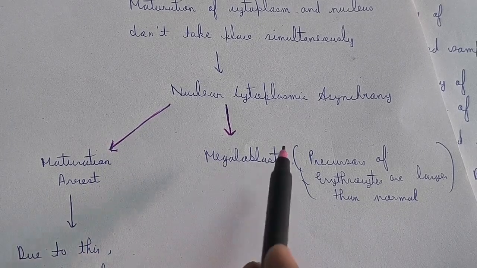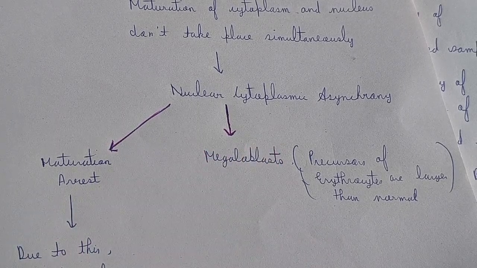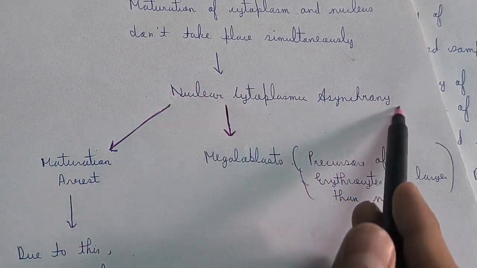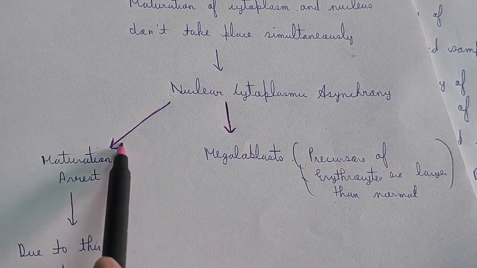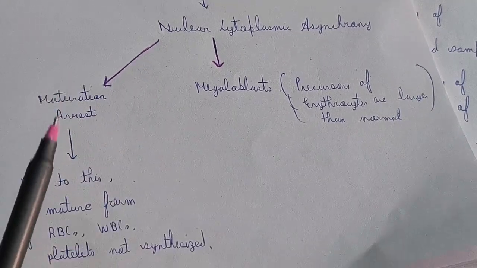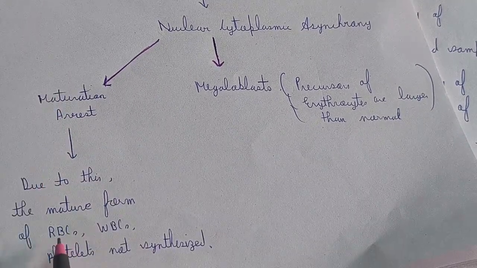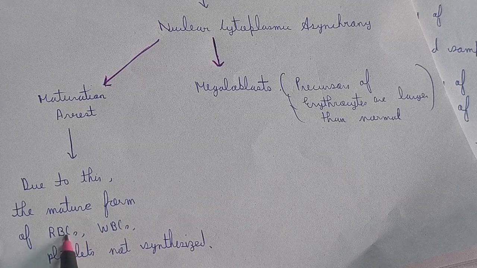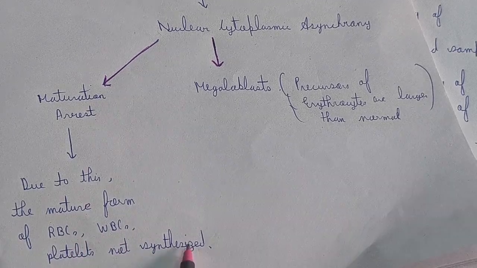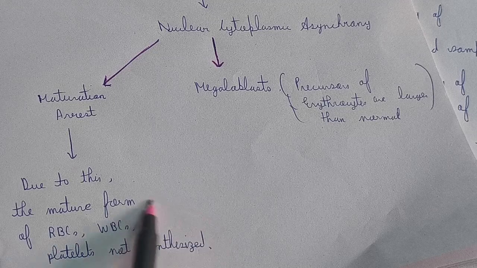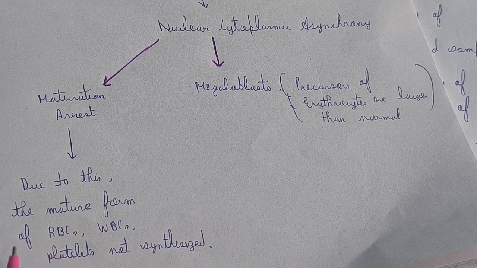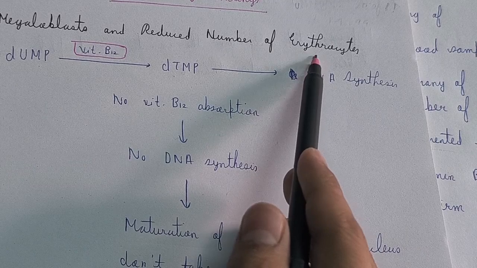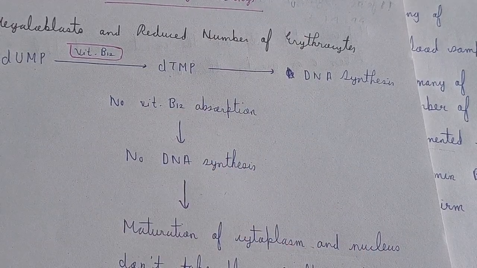These megaloblasts are released into the blood, and due to nuclear cytoplasmic asynchronicity, maturation arrest occurs, so the mature forms of RBC and platelets are not synthesized. As the mature form of RBC is not synthesized, a reduced number of erythrocytes occurs.